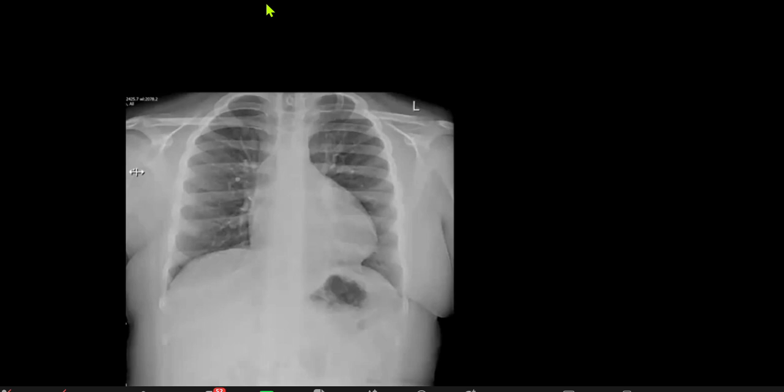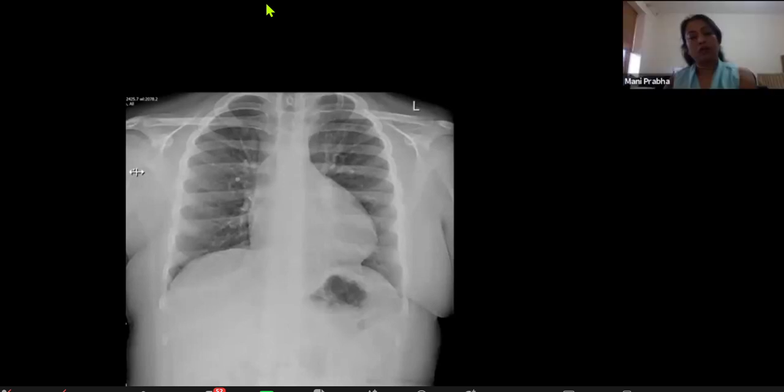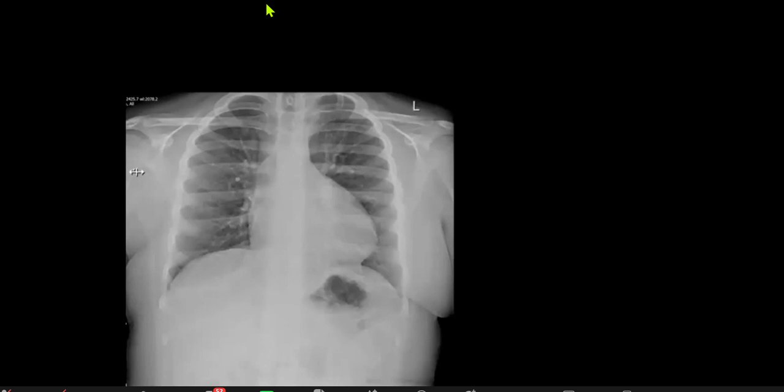Can I again ask, is this a cyanotic or acyanotic child? I think it's an older patient. It's probably acyanotic, but it's cyanotic. So a cyanotic heart with increased pulmonary vascularity, and I think also a right-sided aortic arch.